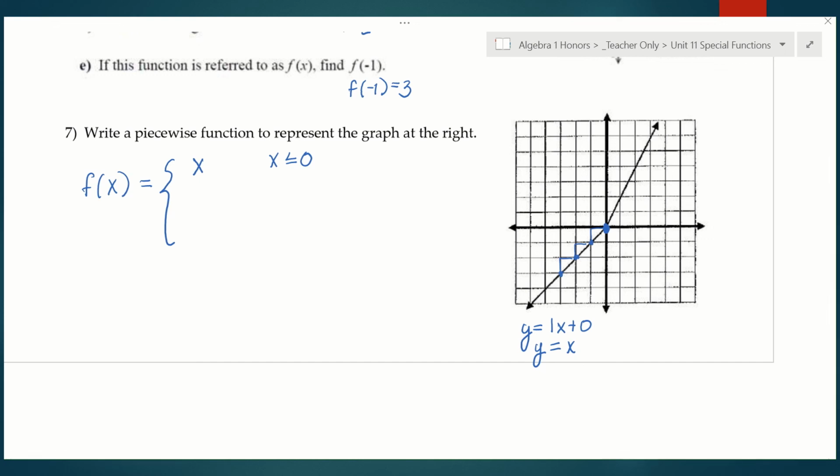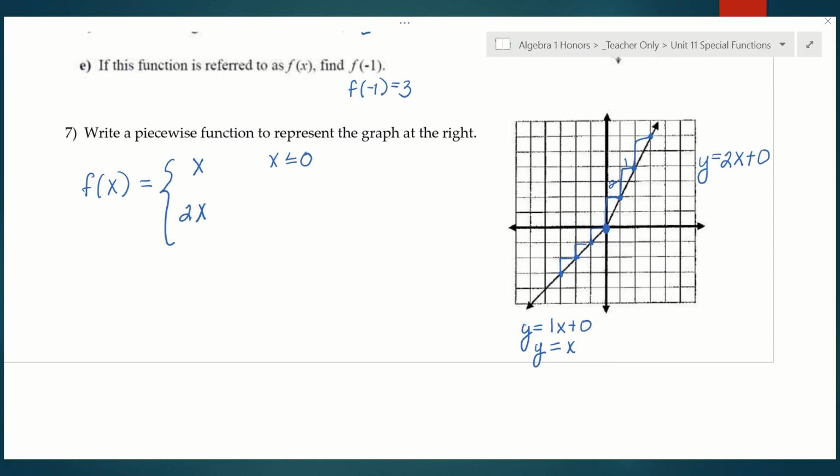Okay, so let's do the same thing for the second line here. So this line also has a y-intercept of 0. The other thing I need is the slope. So I'm going to put some nice points here. And if I count it out, my slope is 2. So the equation of that line would be 2x plus 0, or just 2x. Okay, and the interval that that's being graphed over is when x is greater than or equal to 0.